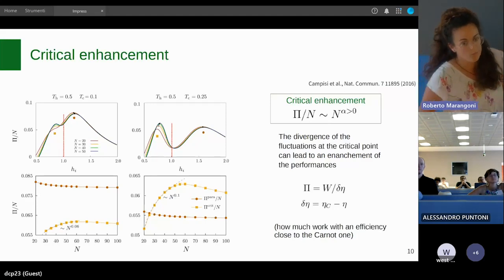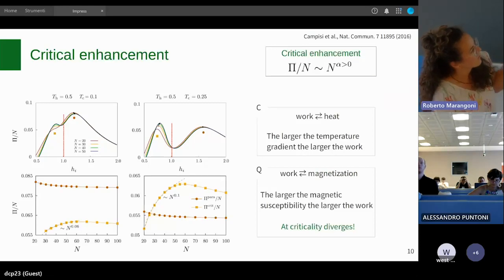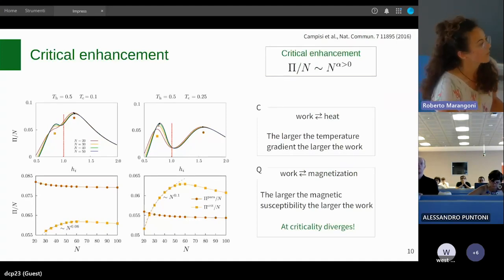There is a hyperscaling with the system size. This is because, if we want to find a connection with the concept by Michele, in general the work performed by this engine is related to the magnetization of the system close to criticality. The magnetic susceptibility of the Ising chain diverges. This is why we can see a hyperscaling.